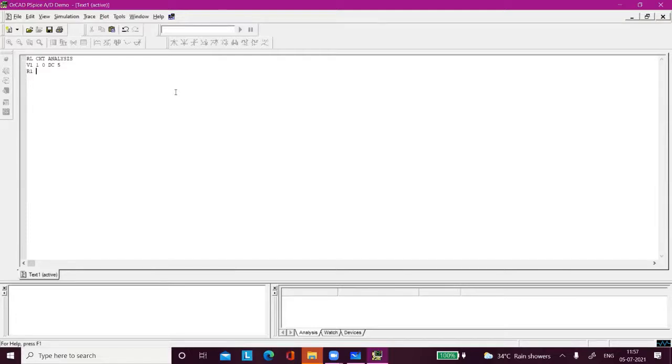Then R1, 1 to 2, 10. Then L1, 2 0 0.1. These are the circuit description.